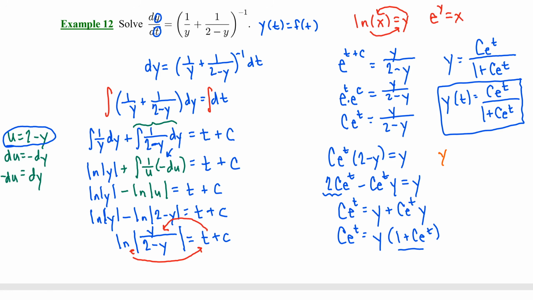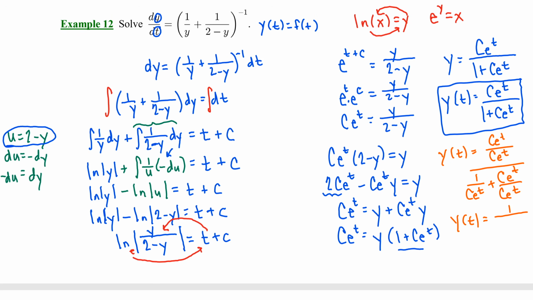So I'm going to go back to our solution y of t, and I'm going to divide everything in this function by c e to the t. So every single term gets divided by c e to the t. And when we simplify, we end up with 1 over.